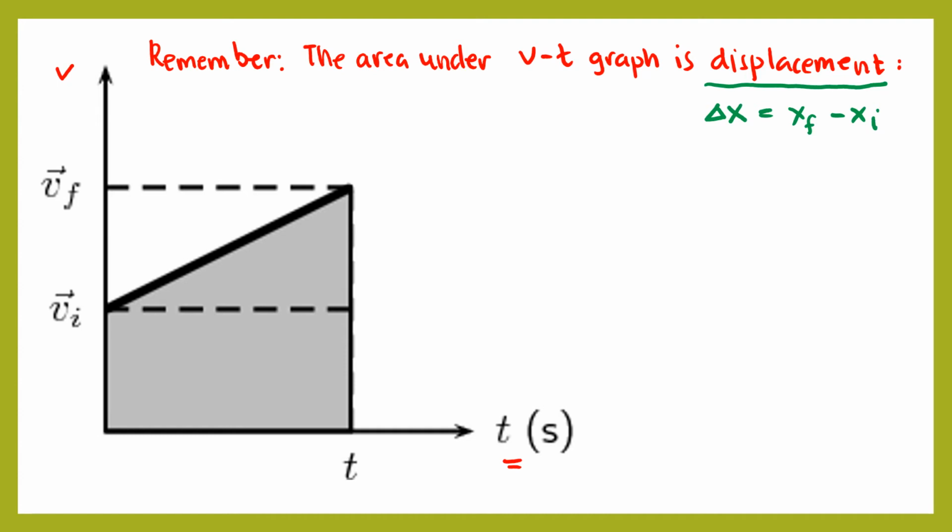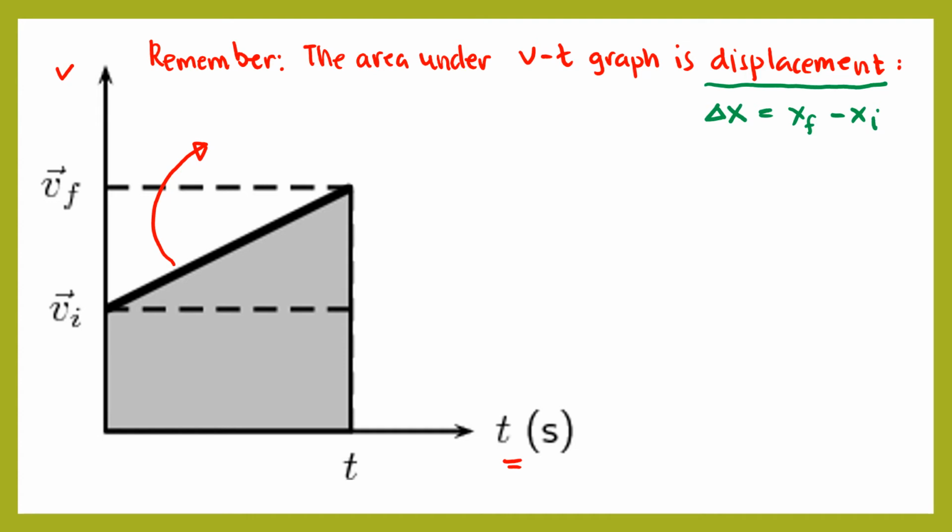Now, this velocity time graph shows us an object moving with constant, non-zero acceleration, mainly because the graph is increasing at a constant rate.